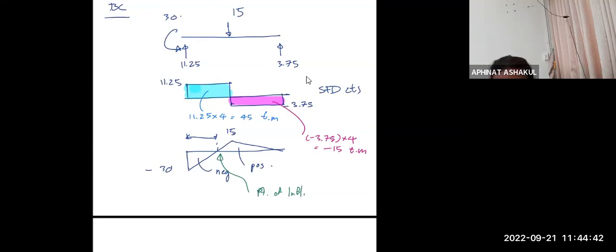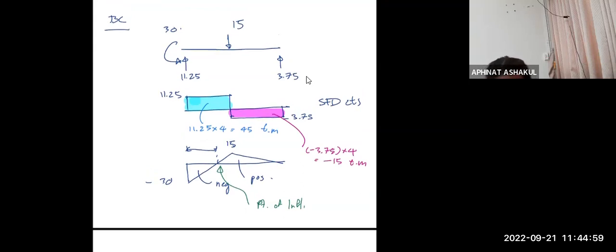Okay. Now, one more thing that you should be able to do is that when you look at this bending moment diagram, you should be able to sketch the deflected shape a little bit, right? For example, you know that this is a negative area. So the negative area means what?